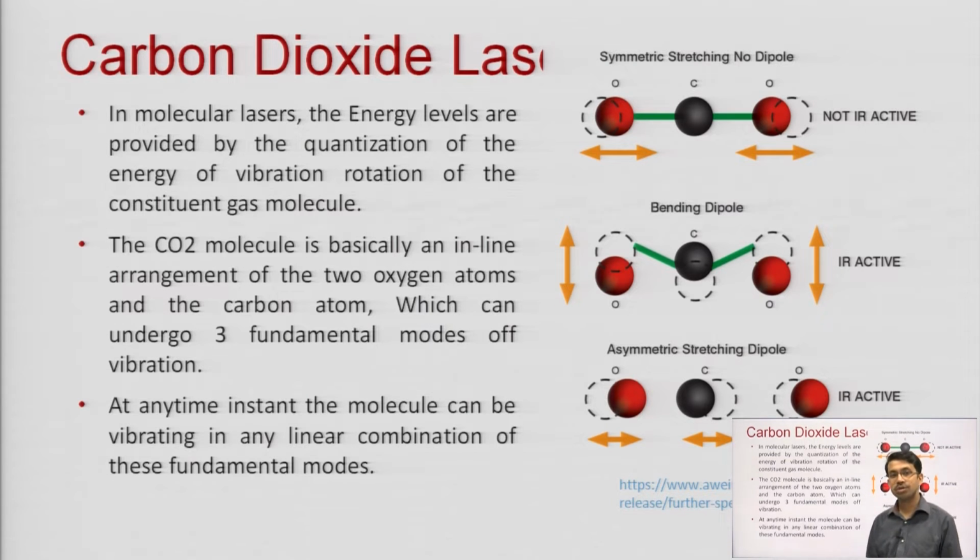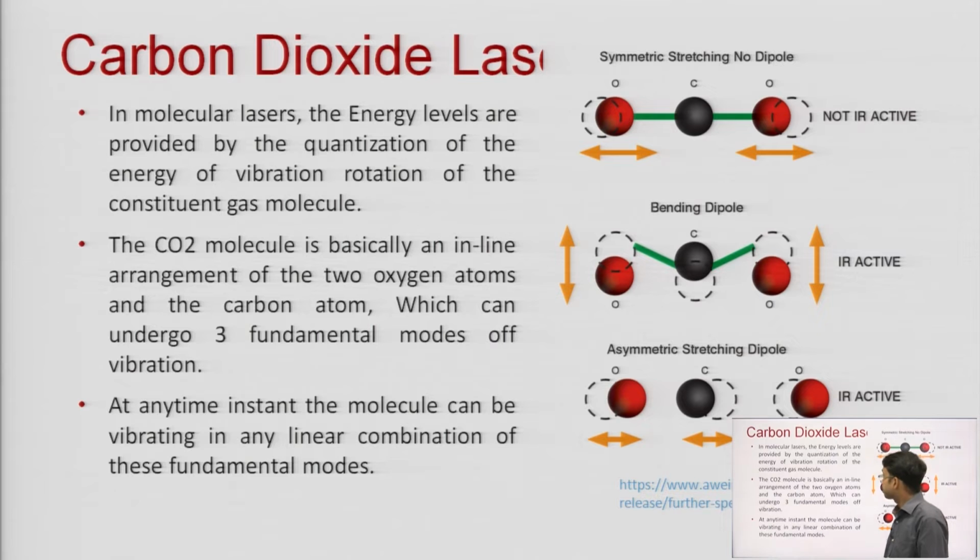Mainly in gas molecules there are vibrational modes and rotation modes. The atoms are vibrating and rotating continuously, and when any molecule jumps from one vibrational mode to another vibrational mode, it emits a photon of significant wavelength or frequency, and this is how we get laser.